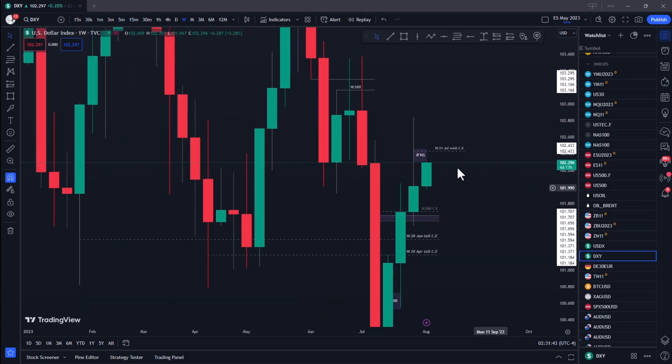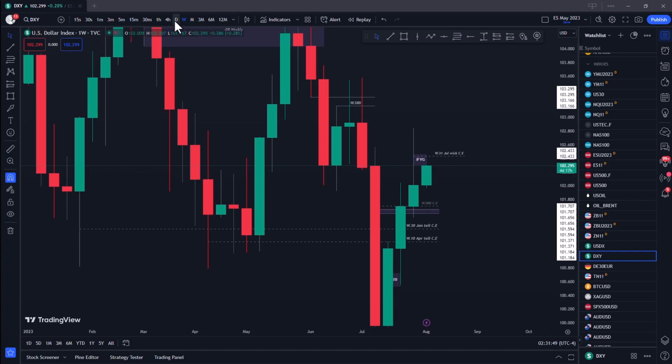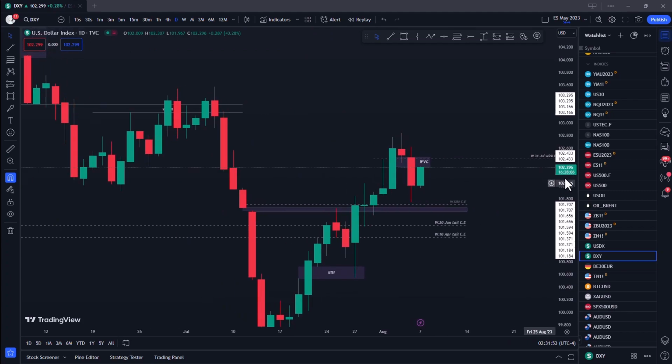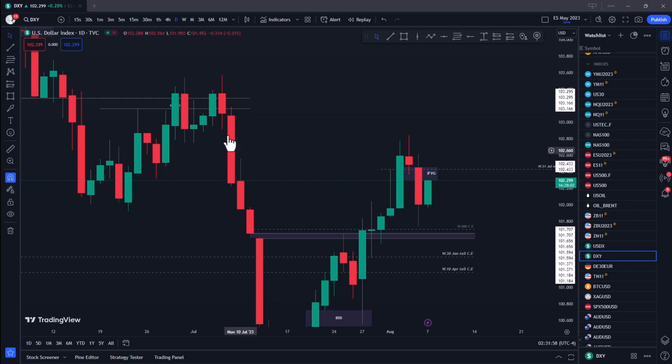So I want to see how we reject or how we treat this level, which we will see how critical it is going on a lower time frame for me, which in this case is a daily chart. So again, we can see that last week we treated this sell side imbalance as some sort of resistance to push price lower, but I want to only see this rejection as temporal.